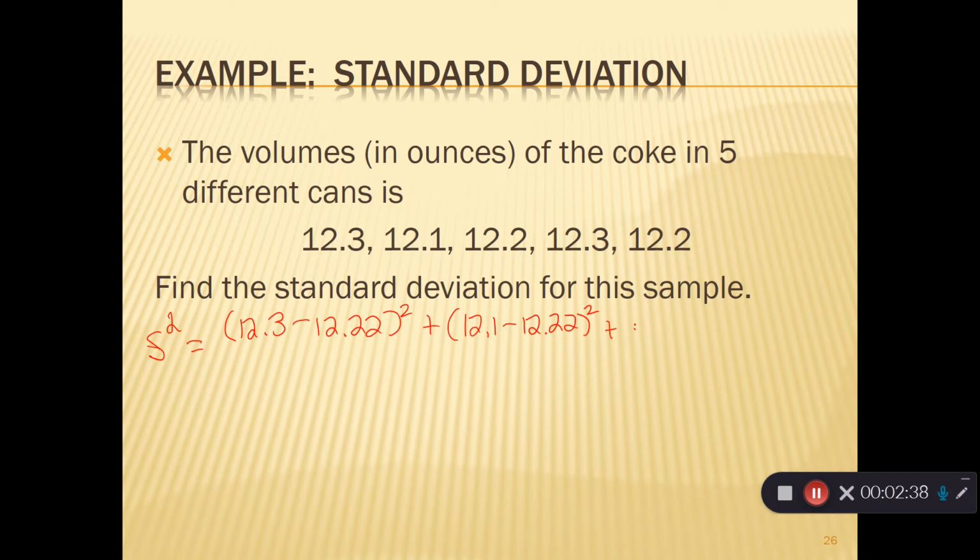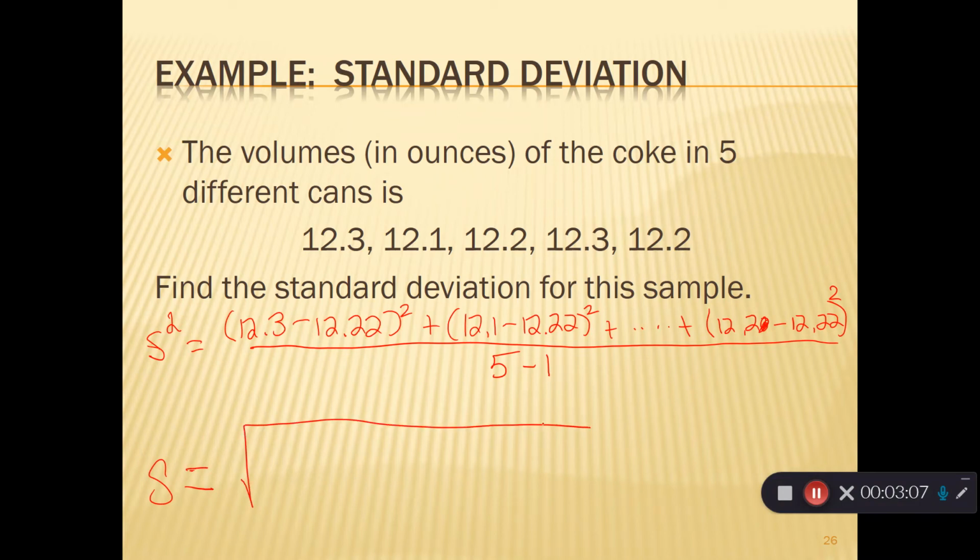And keep going with each of my data values here, all the way until we get to this last one, 12.2 minus the mean. And then divide by the number of data points I have, which is 5 minus 1. So I'm going to divide by 4. So once I get this calculation, it's the variance. If I take the square root of it, s is going to be the square root of this result above.